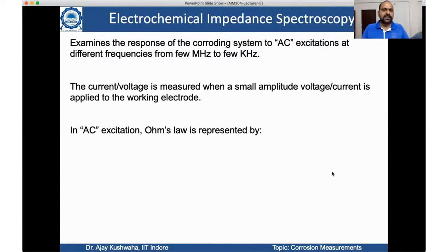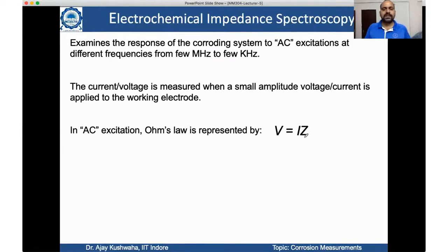In AC excitation, if we talk about Ohm's law, or how the resistance is going to change, we can say this is not the resistance, this is the impedance, and that can be written as V, the potential, equals the current I multiplied by Z. So Z is the impedance.